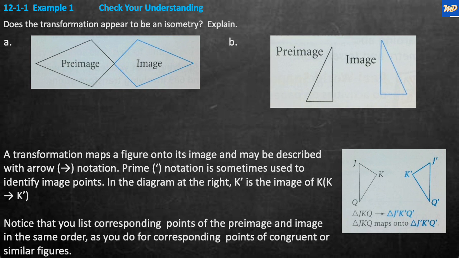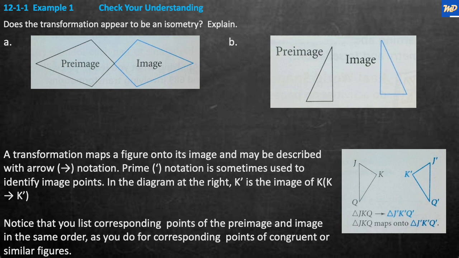So if you look at it, we have triangle JKQ, and the arrow shows the shift we're talking about here. This is an image being mapped onto J prime, K prime, and Q prime.